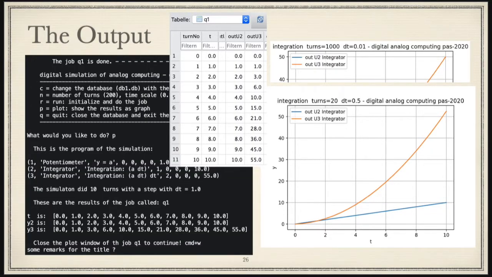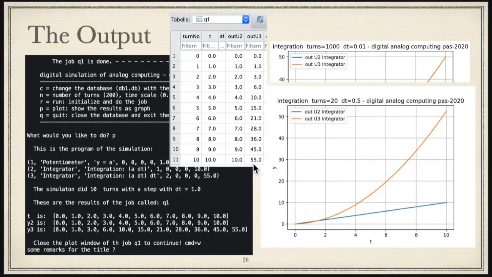The output. Here you see a picture from the terminal. The results: what we are doing here is we integrate over 1. After 10 time steps, or with a time of 10, we have 10. We integrate a second time over this one and we get this one.